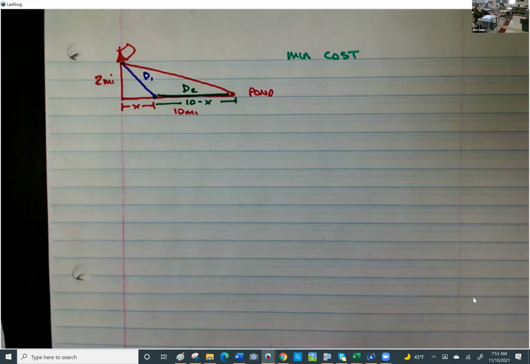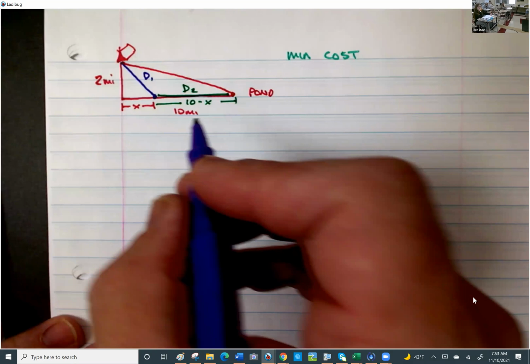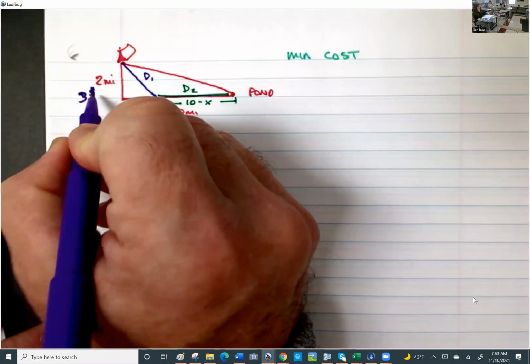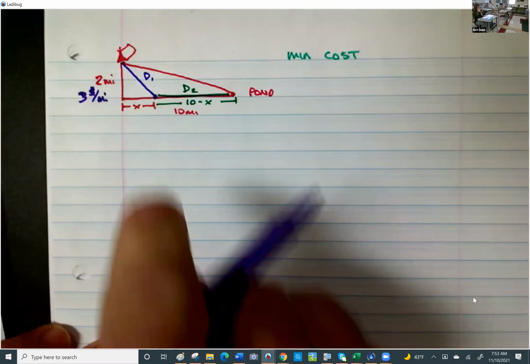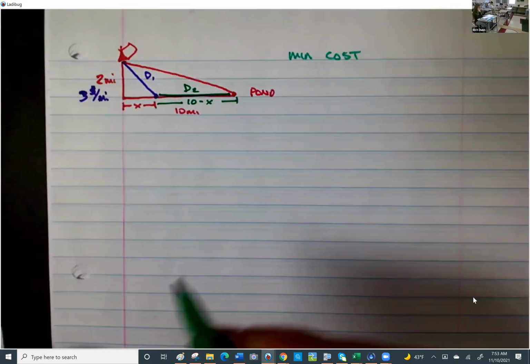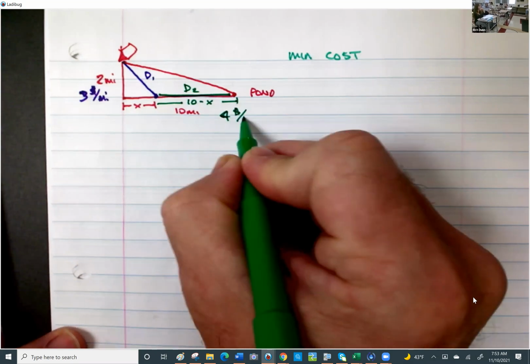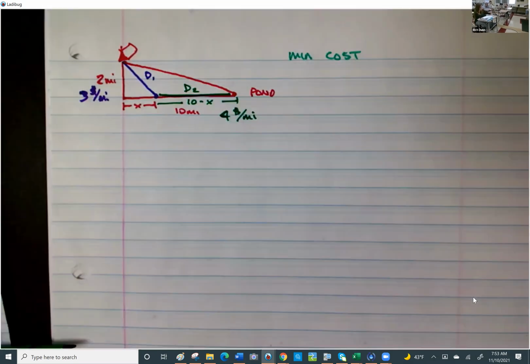Because let's look at their numbers here. Different answer, different number. It is $3 per mile in the forest, and it is $4 per mile along the road. Can we look at rate instead of time? Yeah, okay. Now, both of these were rates.